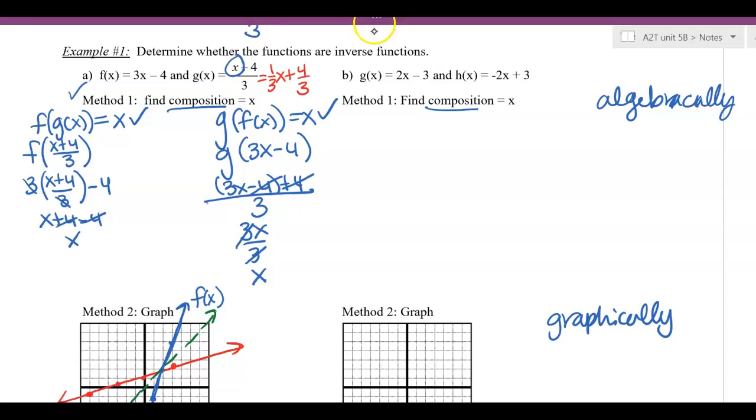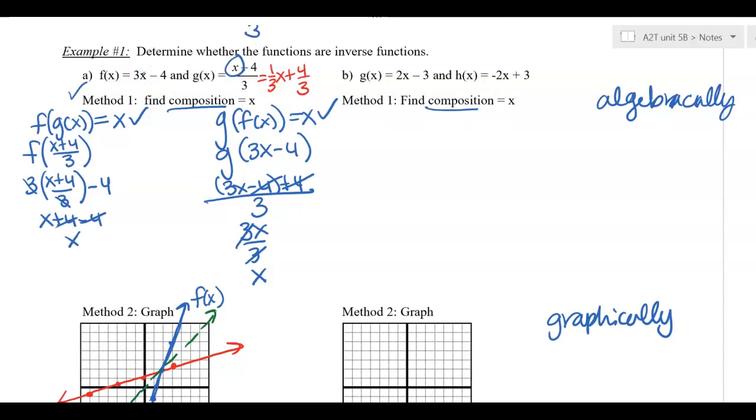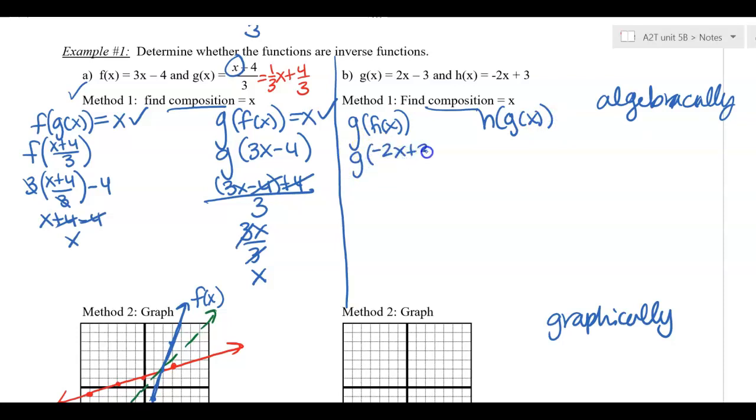So g of x and h of x. If I'm going to again prove these ones are inverses, I have to do g of h of x and h of g of x, hoping that they both work out to be x. When I do g of h of x, I would be doing g of negative 2x plus 3.